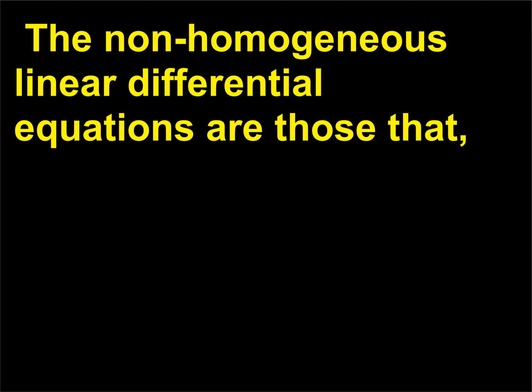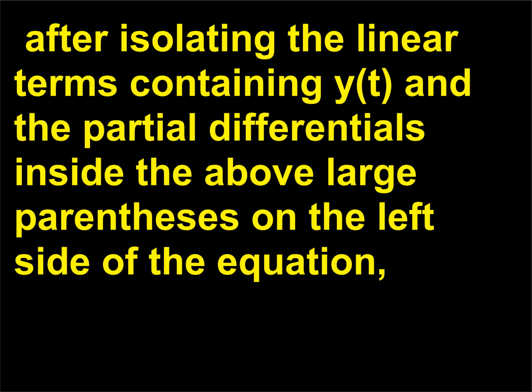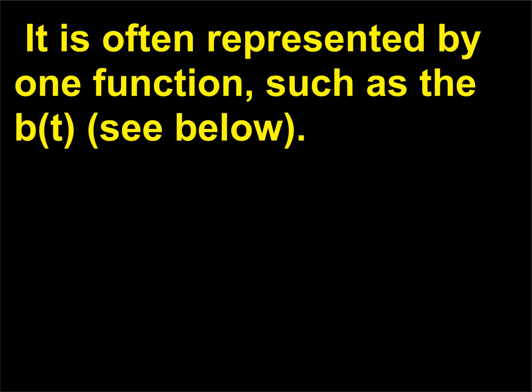The non-homogeneous linear differential equations are those that, after isolating the linear terms containing y, t, and the partial differentials inside the above large parentheses on the left side of the equation, do not set the right-hand side identically to 0. It is often represented by one function, such as the b(t), see below.